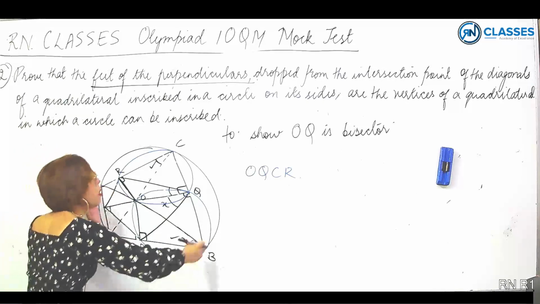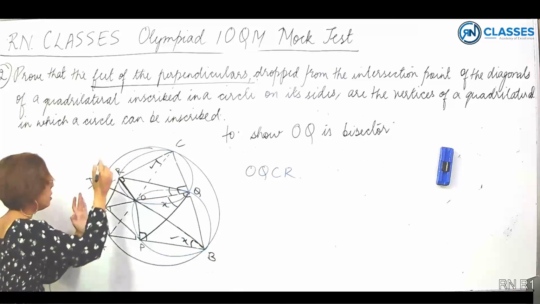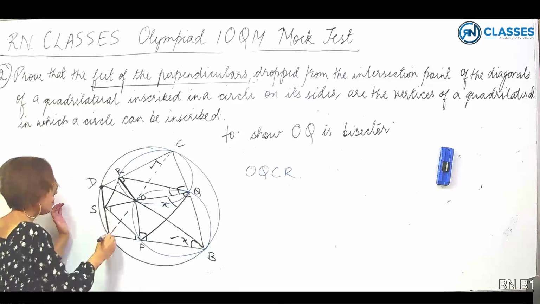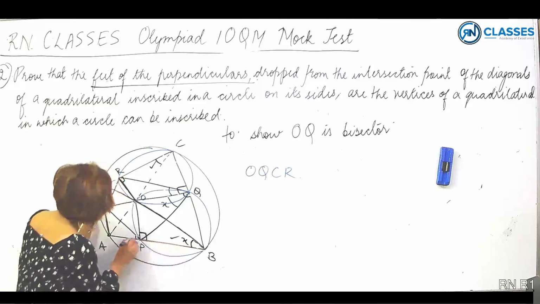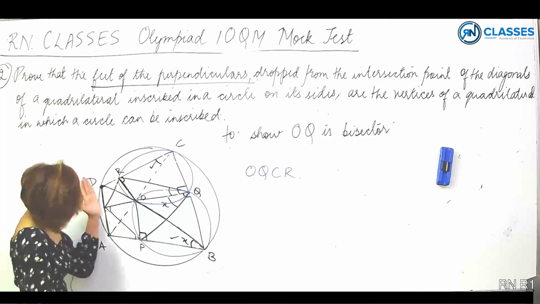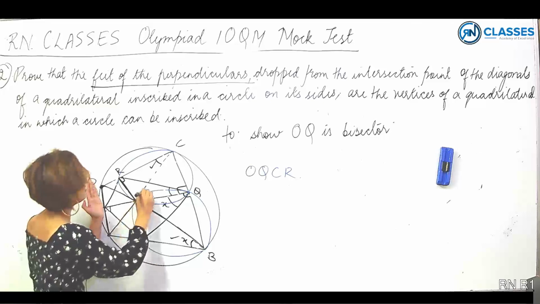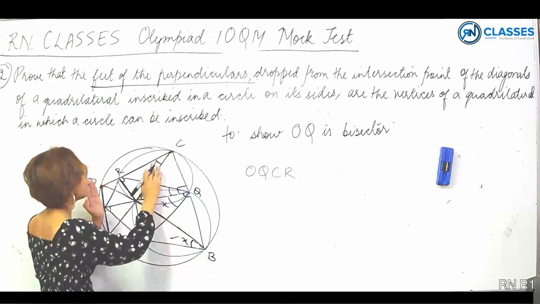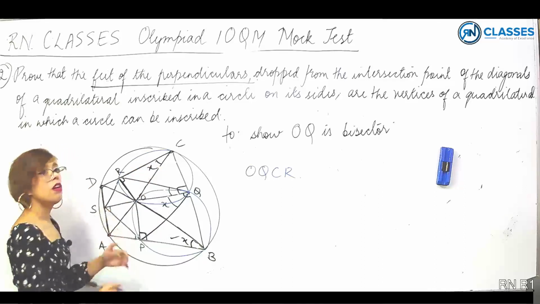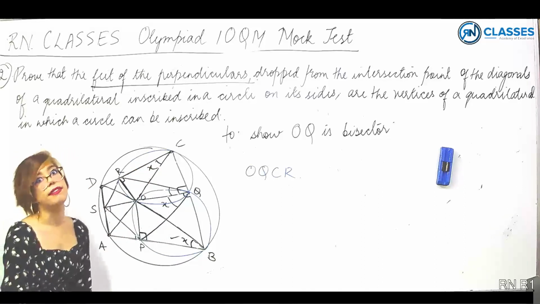So consider the bigger circle. This is the chord of the circle. The chord is subtending this angle at the circumference. Now the same chord is subtending this angle at the circumference. Now this is x, this will be x. You can go to the bigger circle as well.